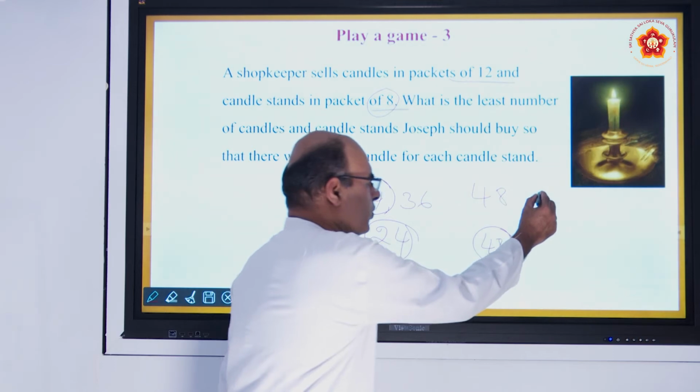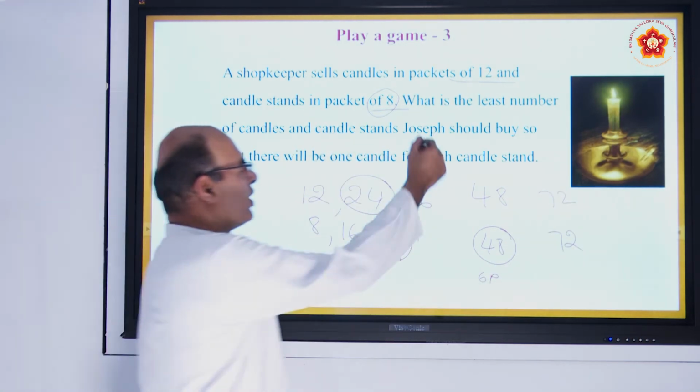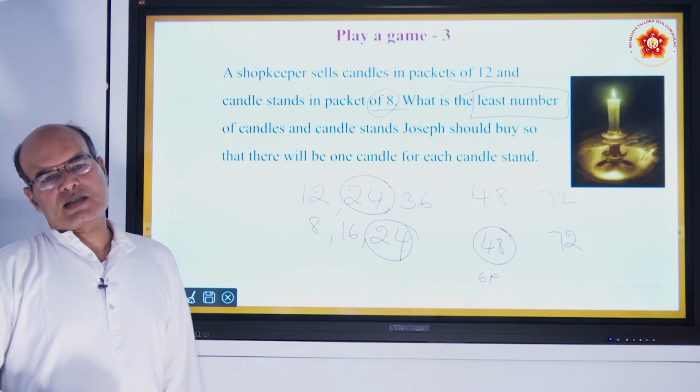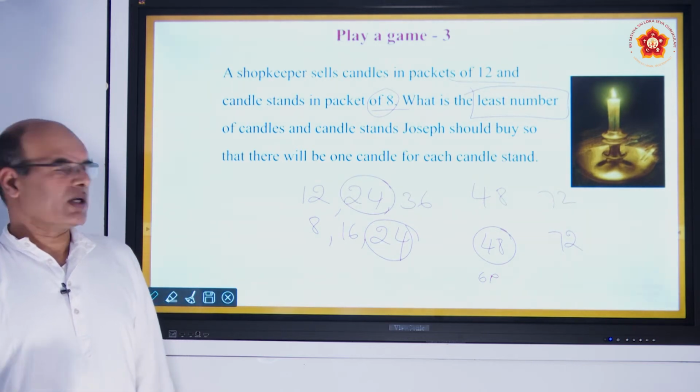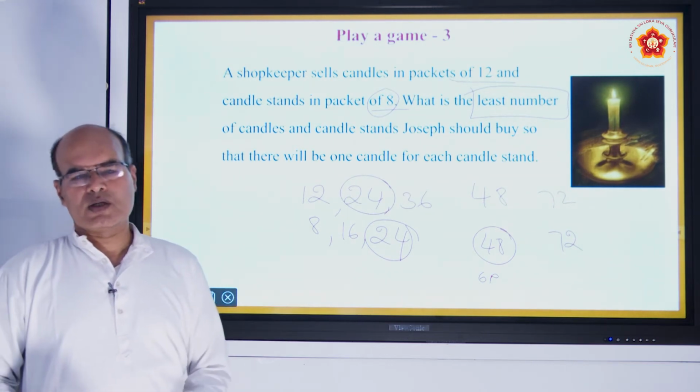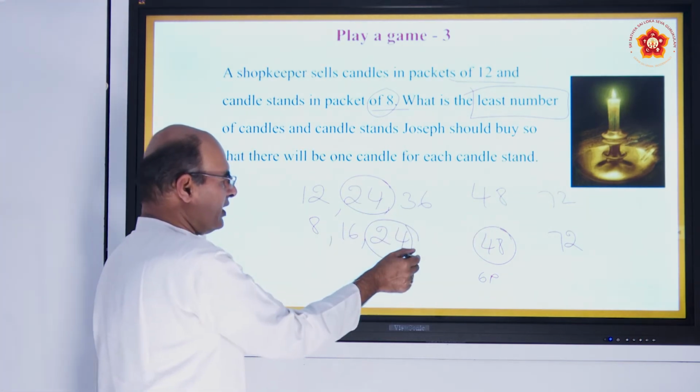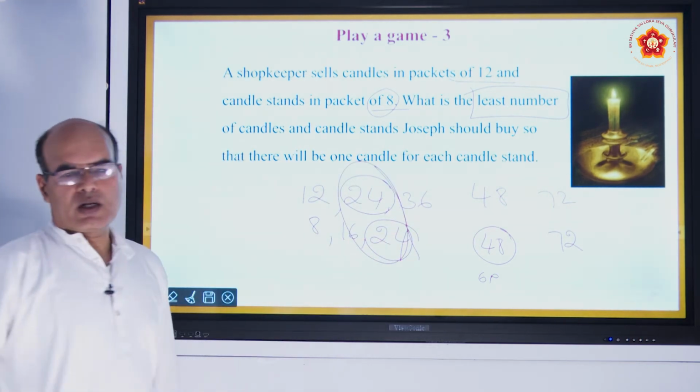Similarly for 72. But the question asked is, what is the least number of candles and stands one can purchase so that each candle can have one stand? So for that, the answer is not 48, not 72, it is 24.